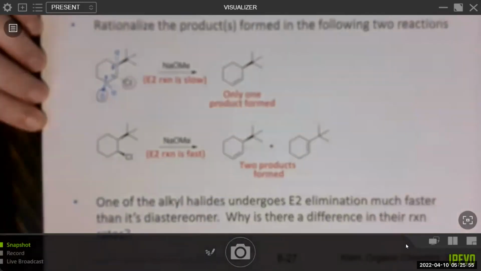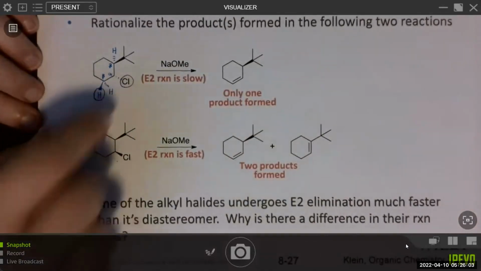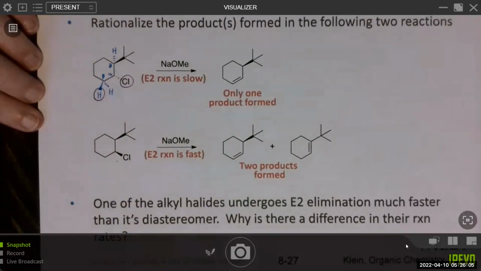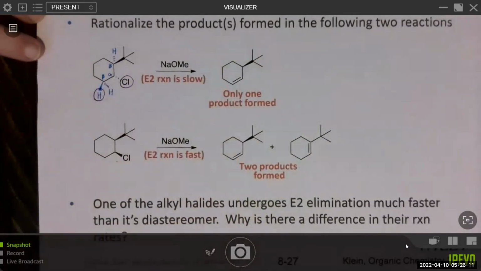if we were to draw out the chair conformation, which we don't need to do, because remember I told you you just want to look for groups that are opposite, and those will have the right chair conformation. So that's why there's only one product formed, right?